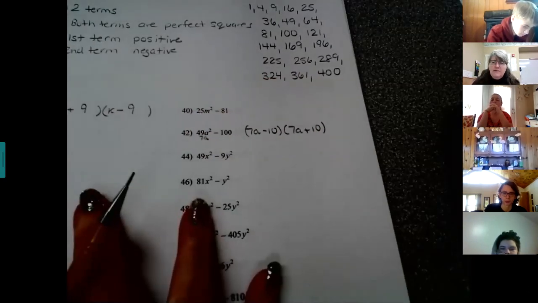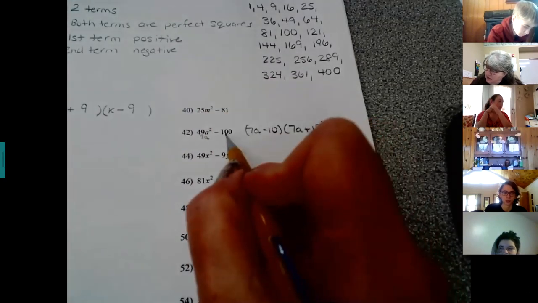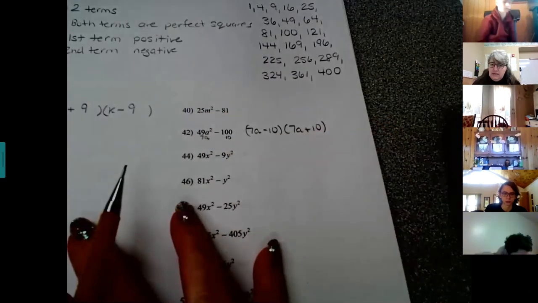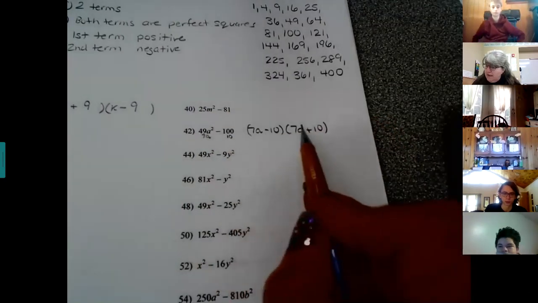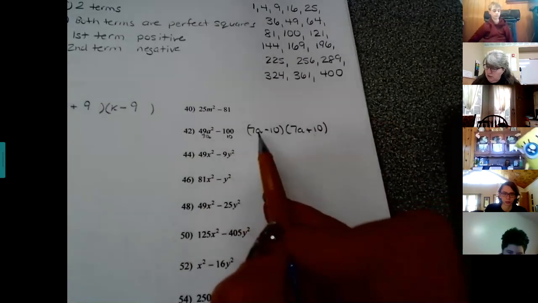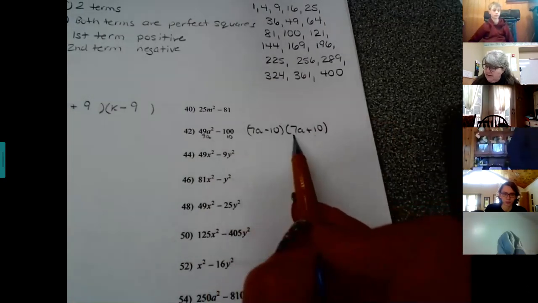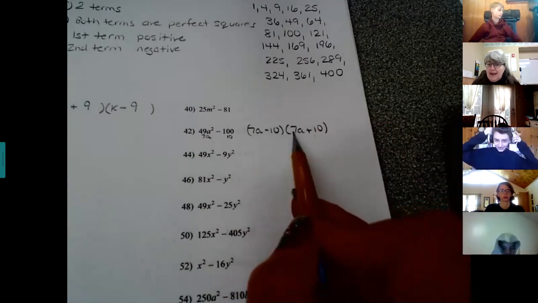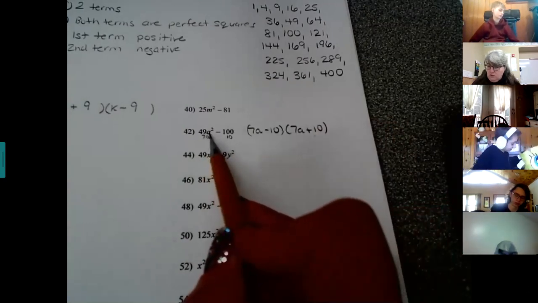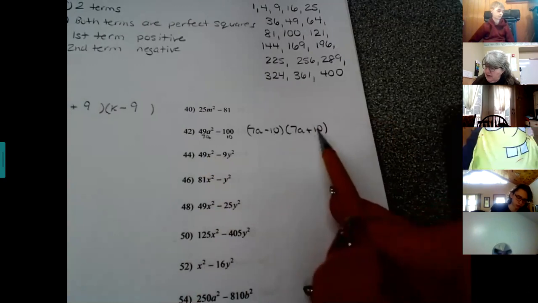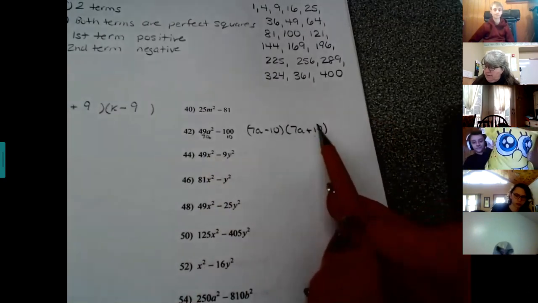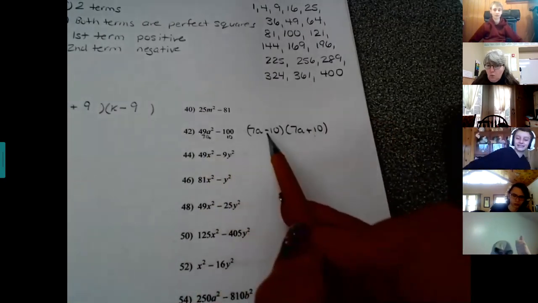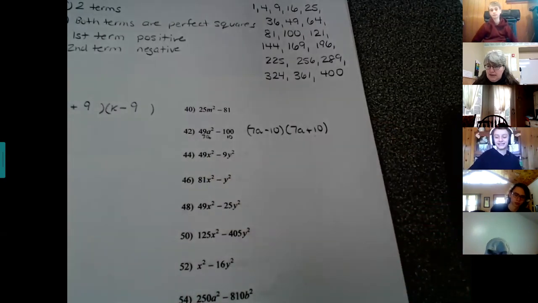It's 7a times 7a. 100 is a square. It's 10 times 10. You make two big parentheses. You put the 7a here and the 7a there, because if you were to FOIL it back out, that would give you the 49a squared. Then you put the 10 here and the 10 here, because if you were to FOIL it back out, you would get 100. 1 plus and 1 minus to make the middle terms cancel.